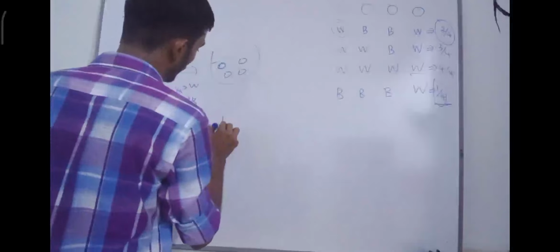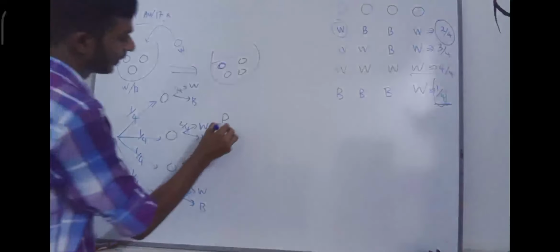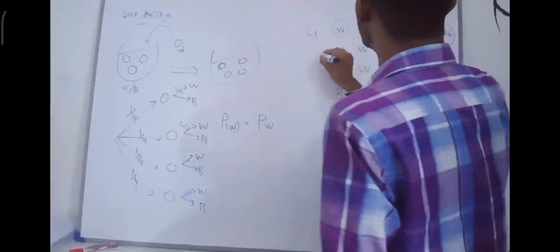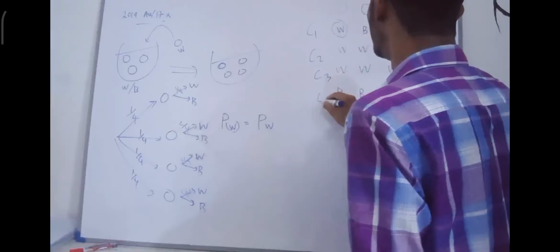So now I have to write the probability of being white. Let's say this is composition C1, this is C2, this is C3, this is C4. So composition 1, composition 2, composition 3, composition 4.